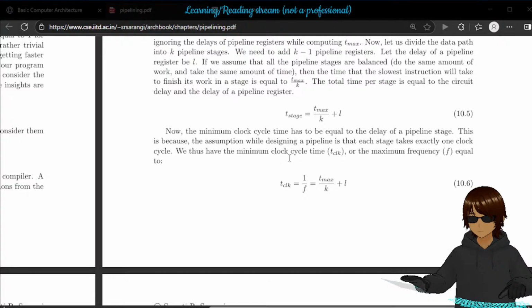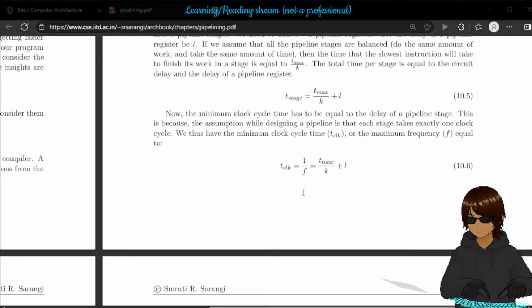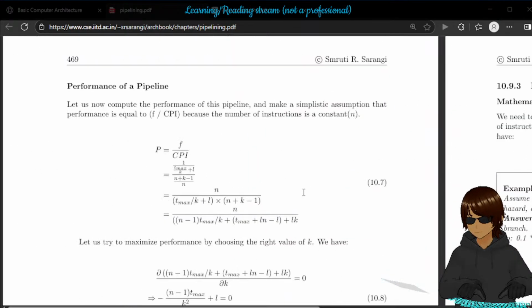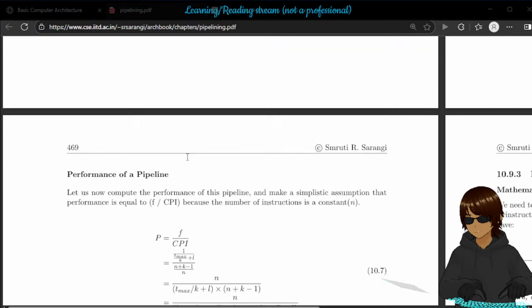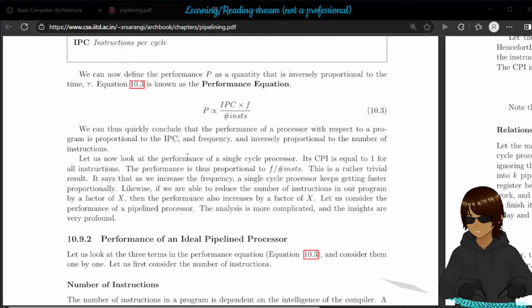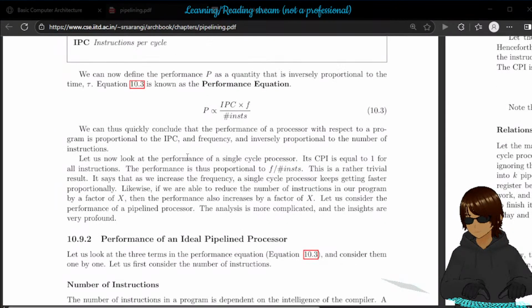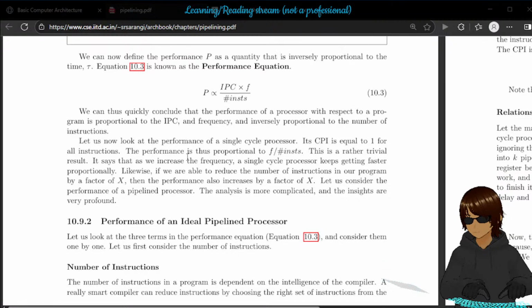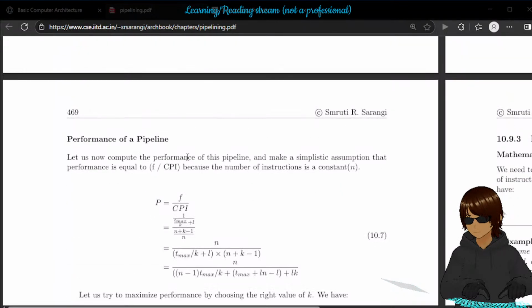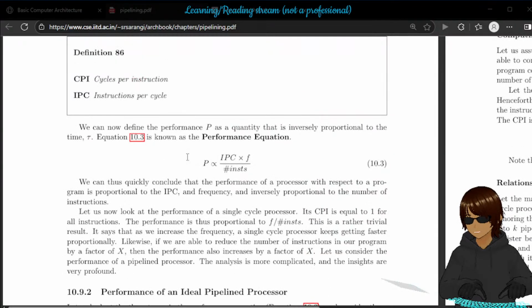We thus have the minimum clock cycle time, the inverse of the maximum frequency, equal to T max divided by K plus L. So performance is F divided by CPI.